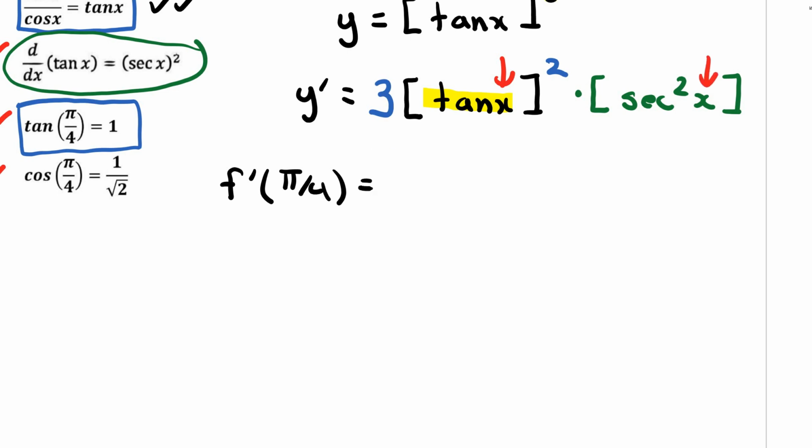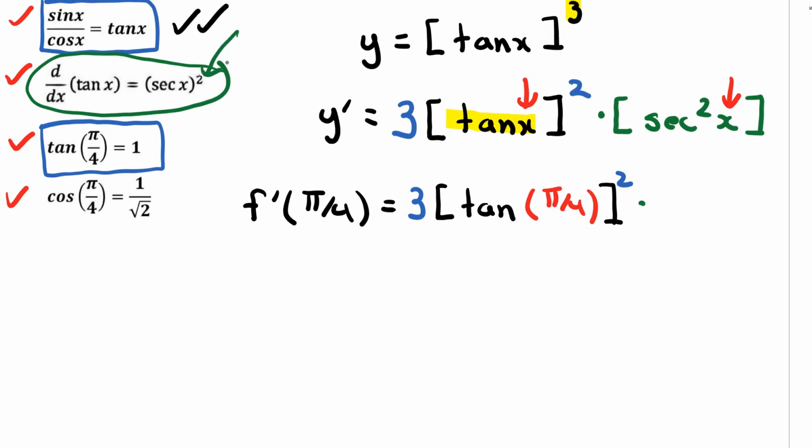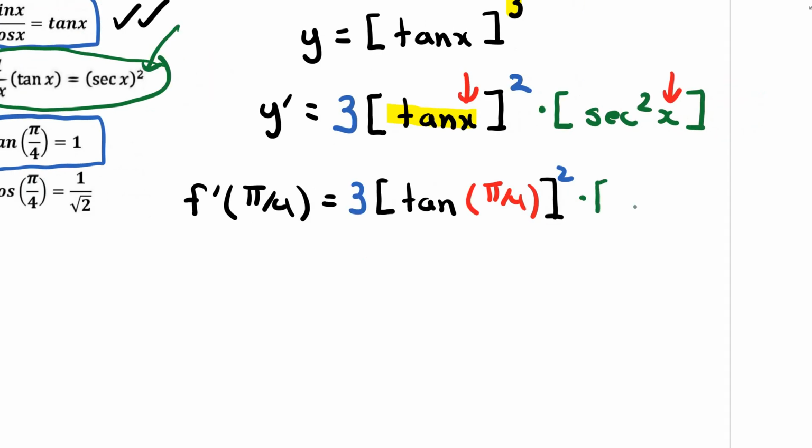So this equals 3 bracket tan, I'll use a red marker now, pi over 4, all to the power of 2. And regarding the secant squared, I'll rewrite this using this notation with the power 2 on the outside. So I have secant all to the power of 2, so this 2 is really that 2 right there, and then I need the pi over 4.